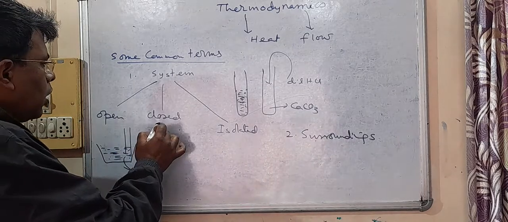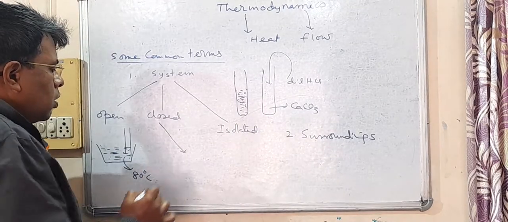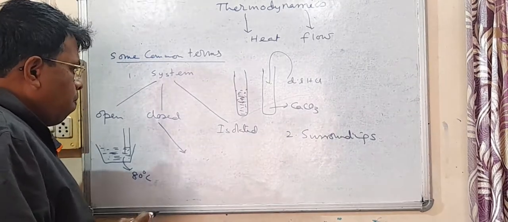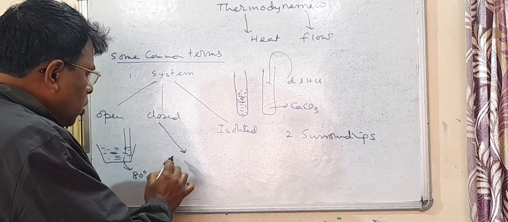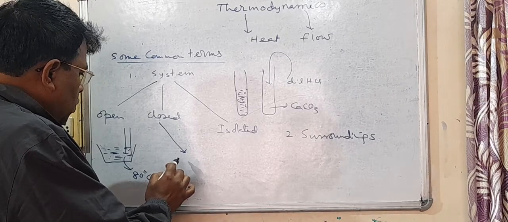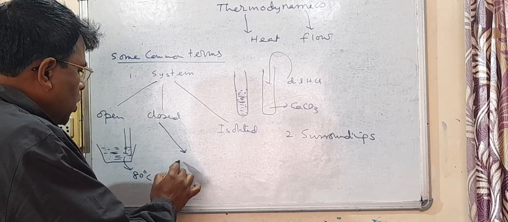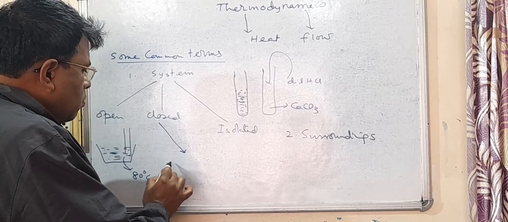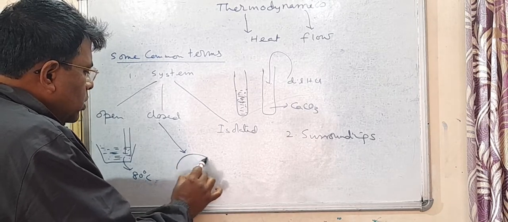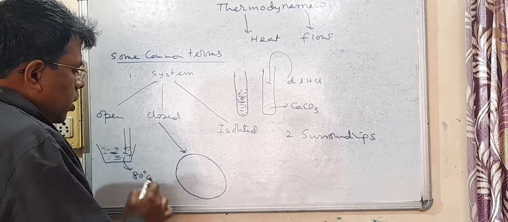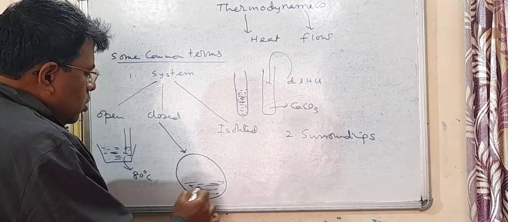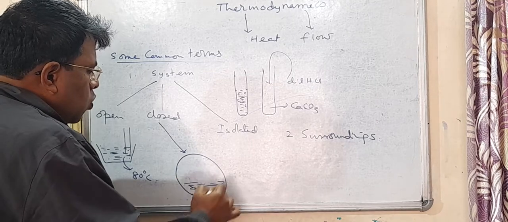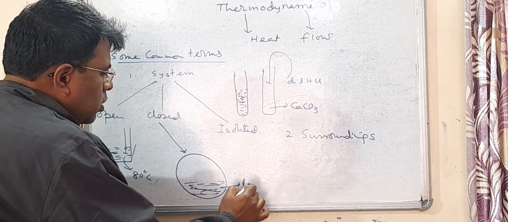Okay, now an example of closed system. Say we have some liquid in a closed container.